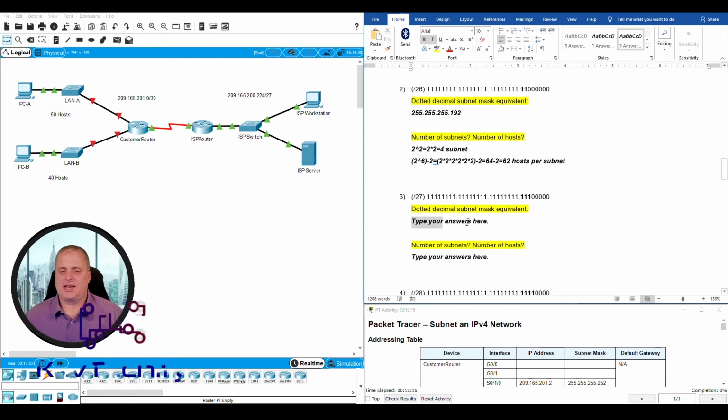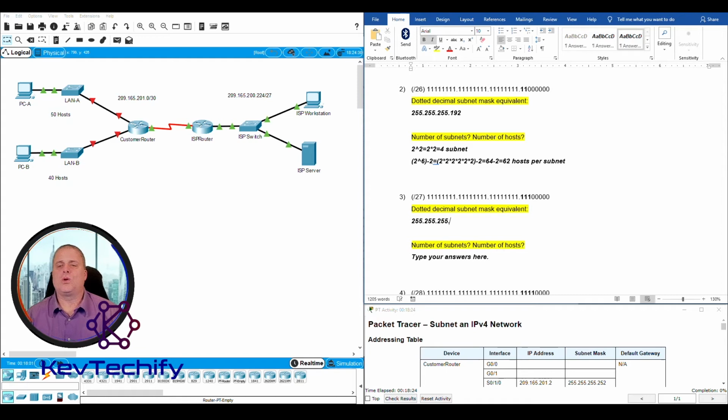What is the dotted decimal notation? First octet is all ones, 255. Second octet is all ones, 255. Third octet, once again, is all ones. And then we have 128 plus 64 plus 32, which gives us 224.